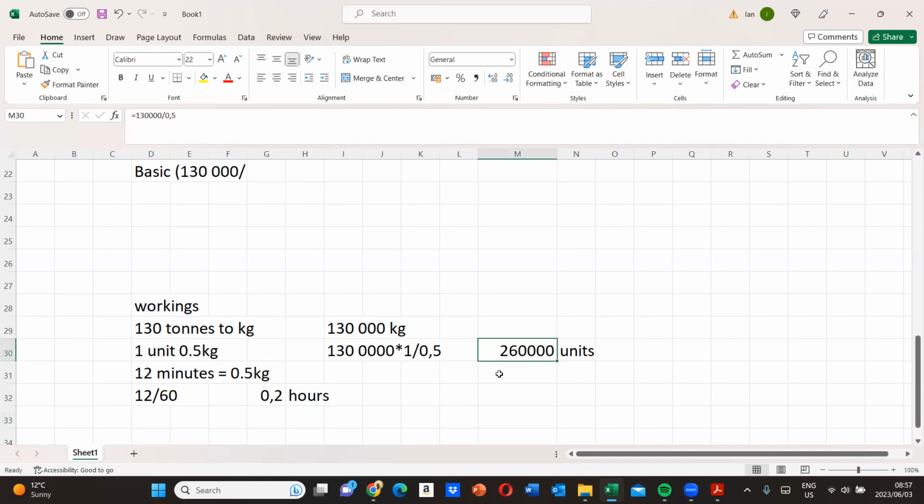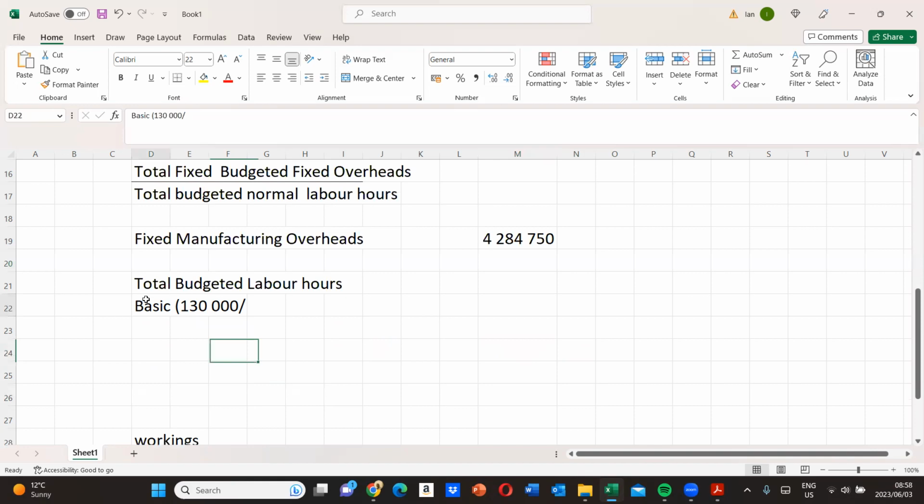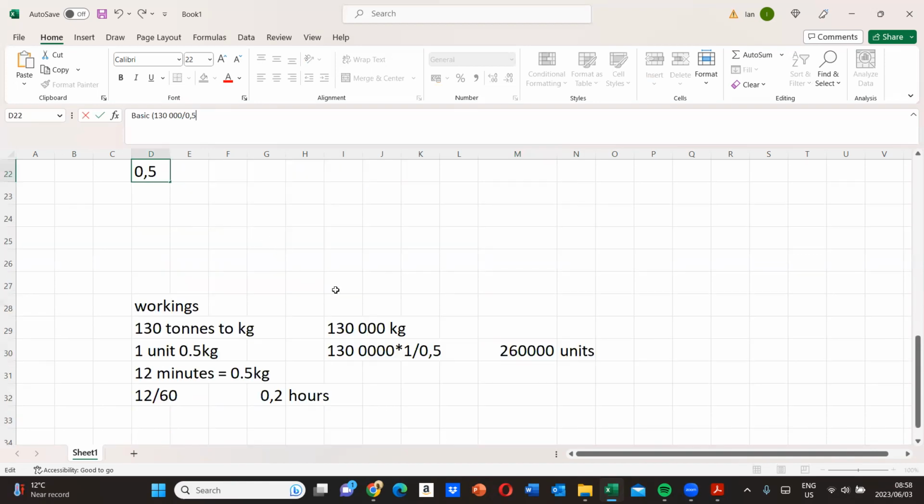We can all agree that it takes more time, of course. So for our final answer, we're going to do it like this. Alternatively, we could have just said 130,000 divided by 0.5, which is the conversion we did there, and then multiplied by 12 divided by 60.